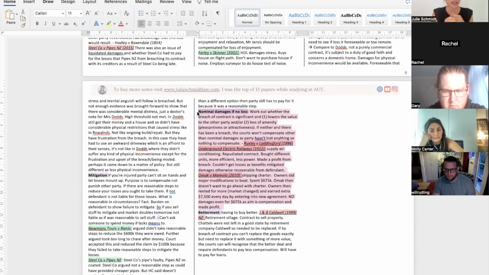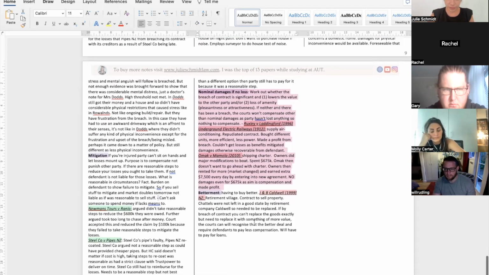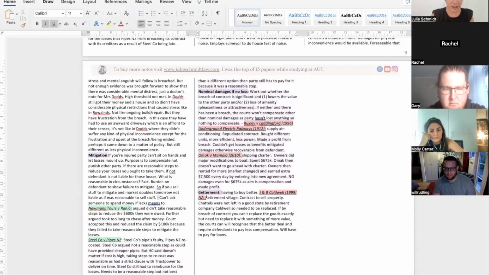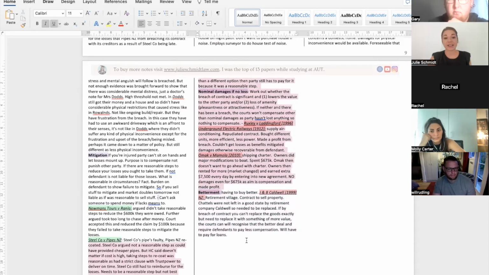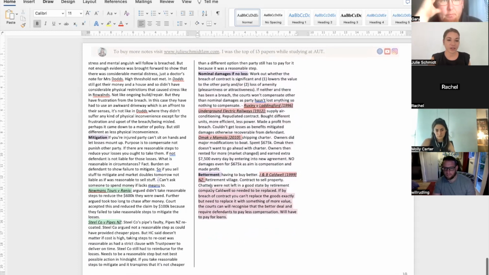Look, you haven't actually lost anything. We'll award you $2. So very occasionally people can be better off than they were because of the breach. That's called betterment. And that means you'll probably get nominal damages, if any, because you're doing fine. You're not needing to be compensated.